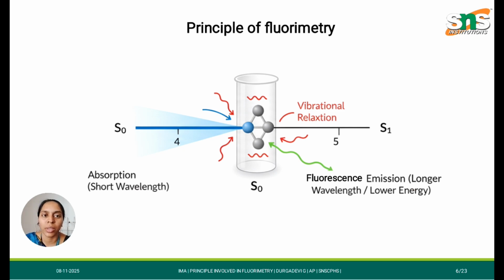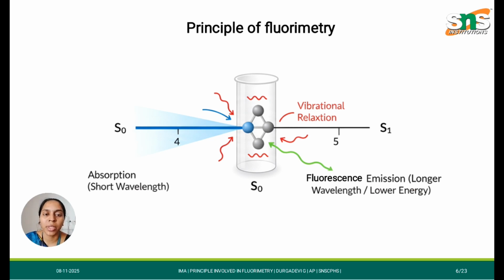The principle involved here is, in ground state, that is S0, the absorption happens. The molecules that are present in our fluorescent sample will absorb the light radiation at their shorter wavelength, and after absorbing the light radiation they will go to the singlet excited state.